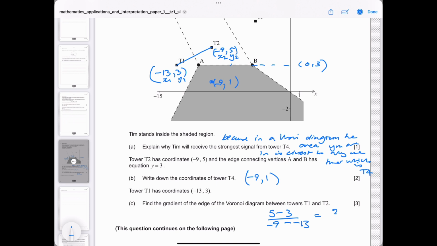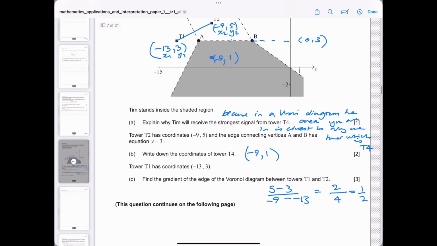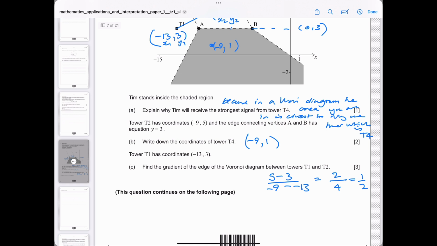So that equals 2 over -9 plus 13, which is 4, which equals half. And then the opposite, the negative reciprocal of that, would be -2. So the line between T1 and T2 going down to A would have a gradient of -2.